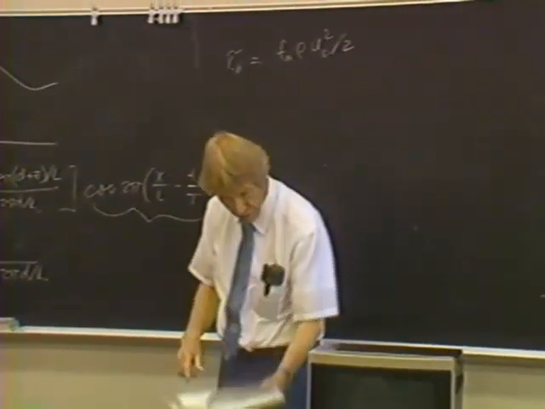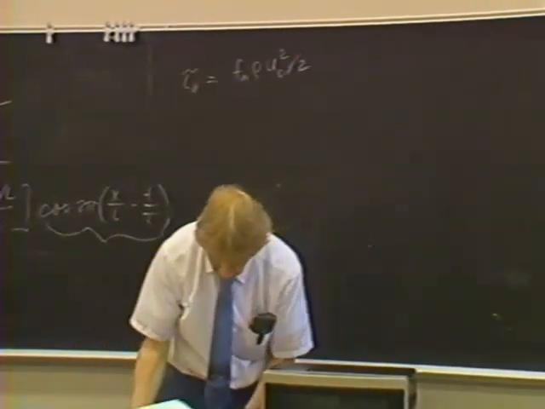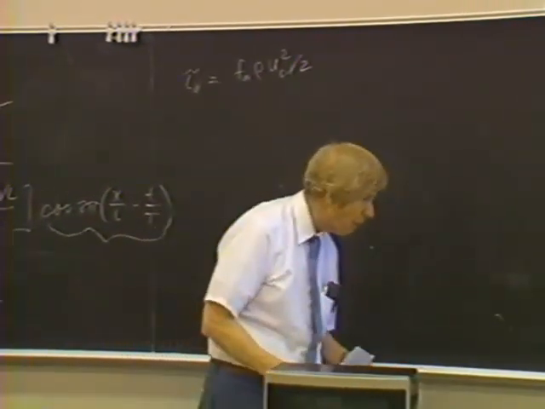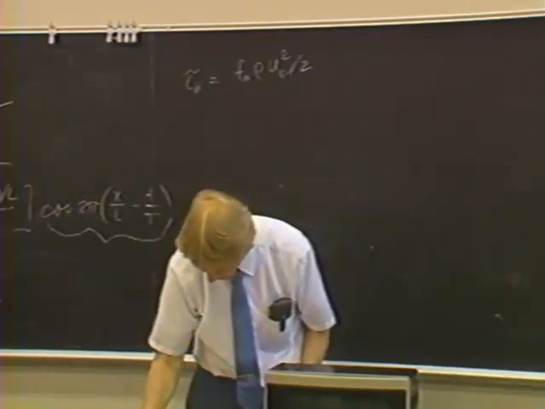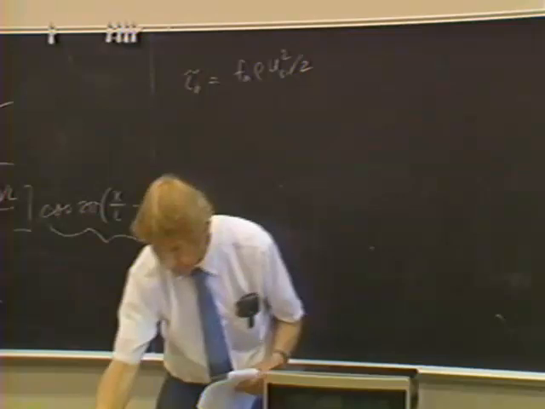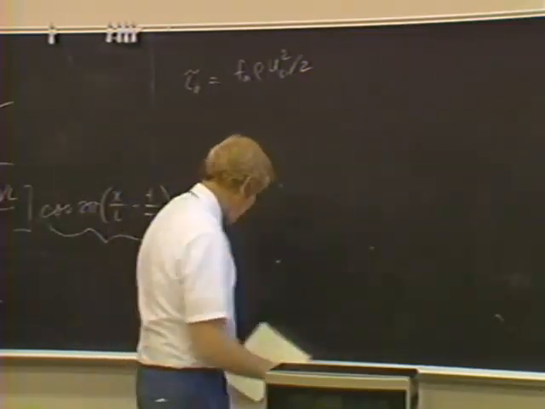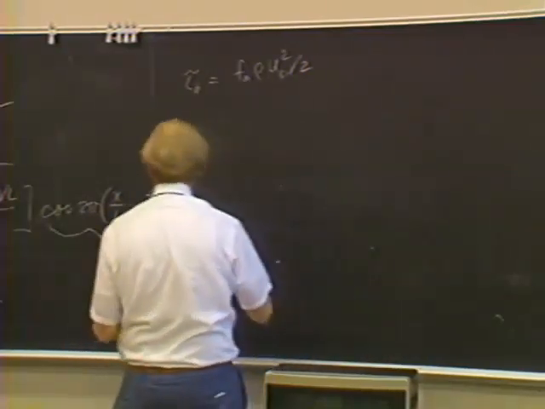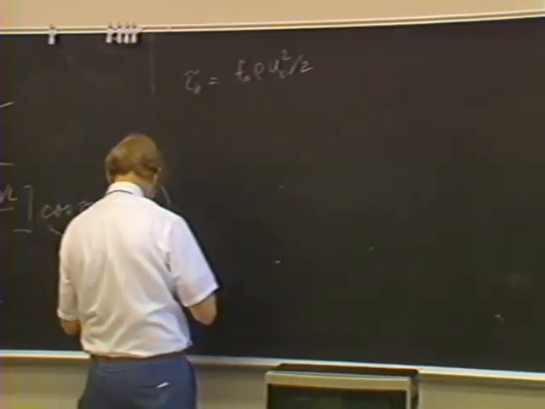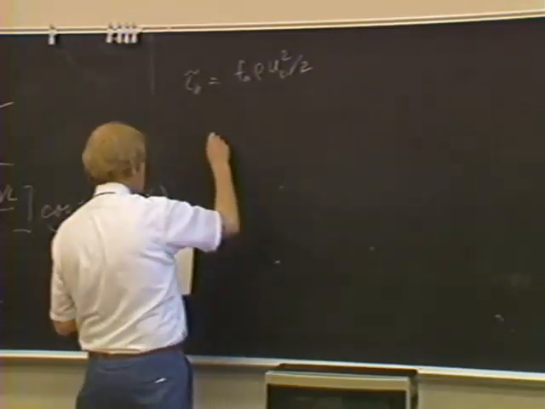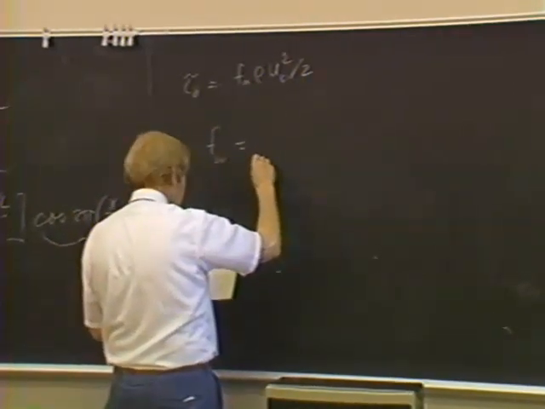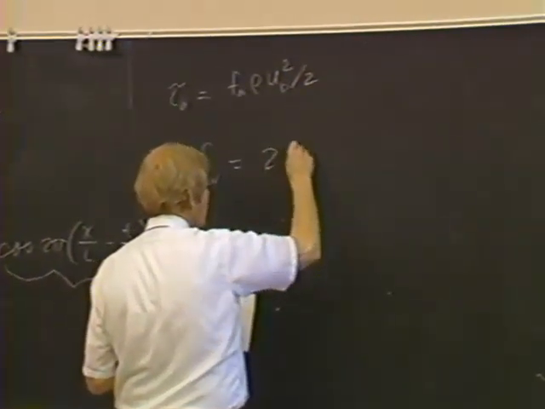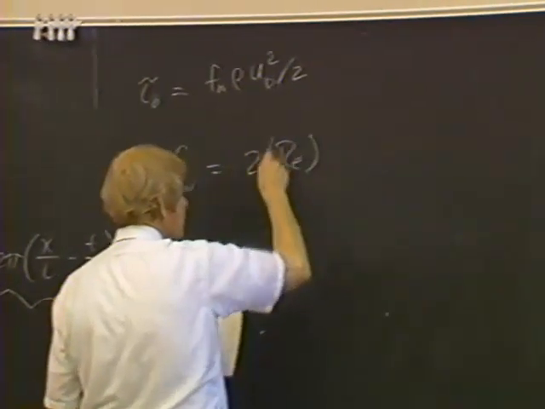When the bed is hydraulically smooth, you can write that F sub w is equal to 2 times the Reynolds number to the minus 1/2 power.